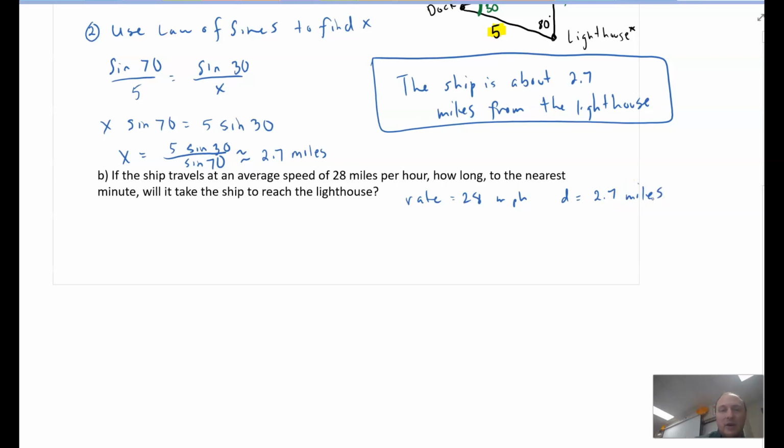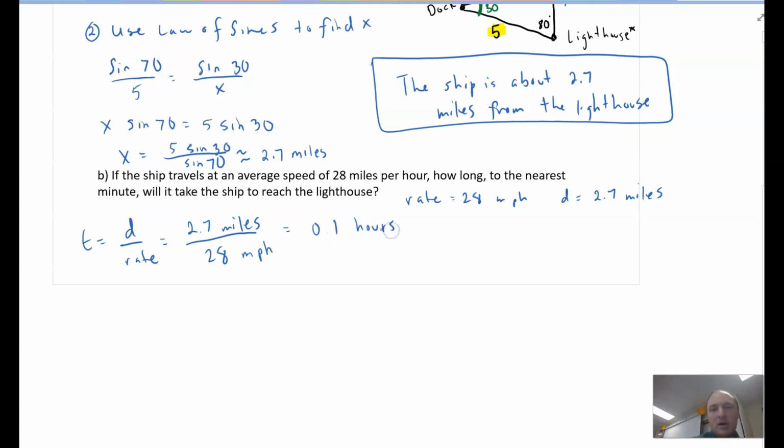If I want to know how long, remember that time is equal to distance divided by the rate. So that distance is 2.7 miles divided by 28 miles per hour. This is approximately 0.1 hours.